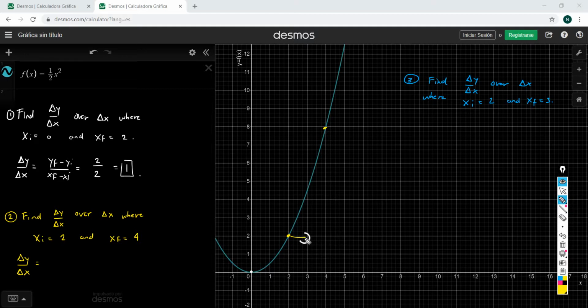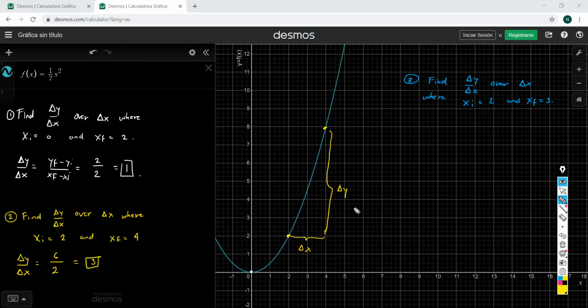So now this is my change in x. This is my change in y. And as we can see, y goes from 2 to 8, so we can calculate it immediately, and it's going to be 6. You see, you can do it graphically. It's very simple. And the delta x goes from 2 to 4, which is 2, right? Because it's 4 minus 2. Therefore the average rate of change over this interval is 3.